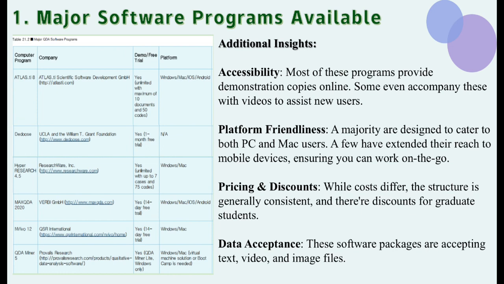Pricing and discounts. While costs differ, the structure is generally consistent, and there are discounts for graduate students. Data acceptance. These software packages are accepting text, video, and image files. You can go to their websites for a detailed overview and occasionally video tutorials.